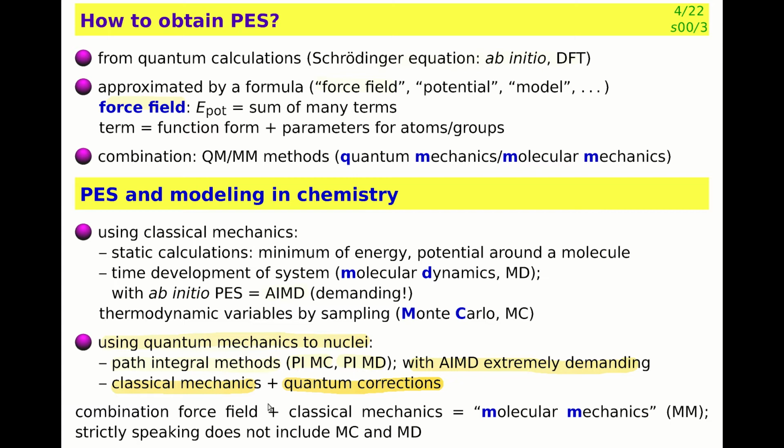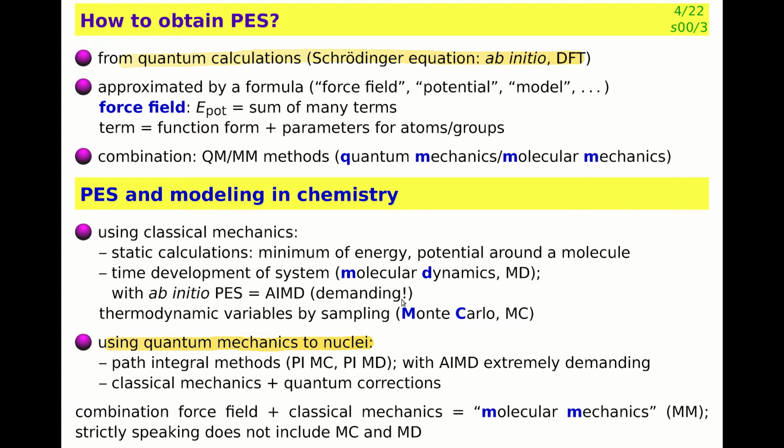I should here again emphasize the role of quantum mechanics in both parts of modeling. So we can use quantum calculations to calculate the potential energy surface. So here we solve the electron problem. And also, or independently, we can use quantum mechanics for nuclei.